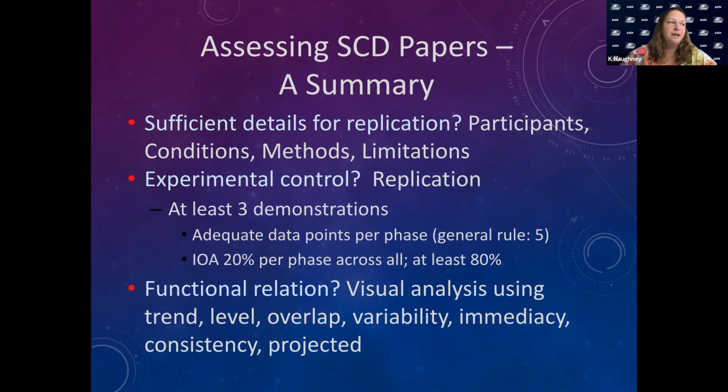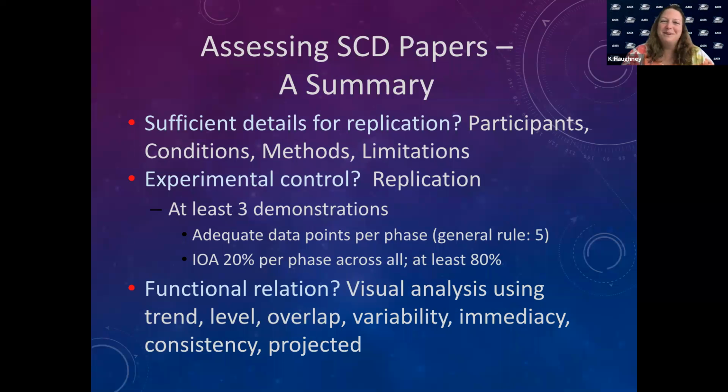And finally, the functional relation. So using that visual analysis to look at these different elements: trend, level, data overlap, which is not one that we talked about today, but is a really interesting topic. There's a lot of percentage of non-overlapping data that is being used when we publish single case design research these days. And it's an interesting way to show the impact of the intervention that I think a lot of qualitative researchers who aren't familiar with single case design really appreciate.